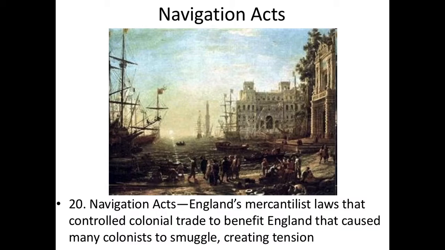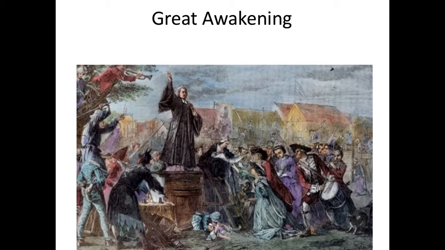And eventually, England will catch on to the fact that they are smuggling stuff and will try to tighten that smuggling up even more. And you probably hear of John Hancock whenever he signed the Declaration of Independence. He was the wealthiest person in the colonies, but he made most of his money through smuggling, and he had to do that because of the Navigation Acts.